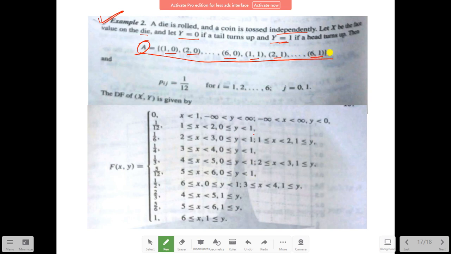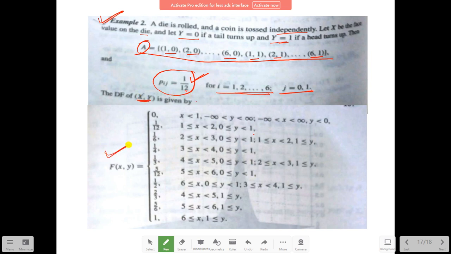So this is the sample space, and probability Pij is equal to 1 upon 12 when i is equal to 1 to 6 and j is equal to 0 and 1. When j is equal to 0 and i is equal to 1 to 6, it is 1 upon 12. When j is equal to 1 and i is equal to 1 to 6, then Pij is equal to 1 upon 12. Then the distribution function of the random variables x and y is given by this one.